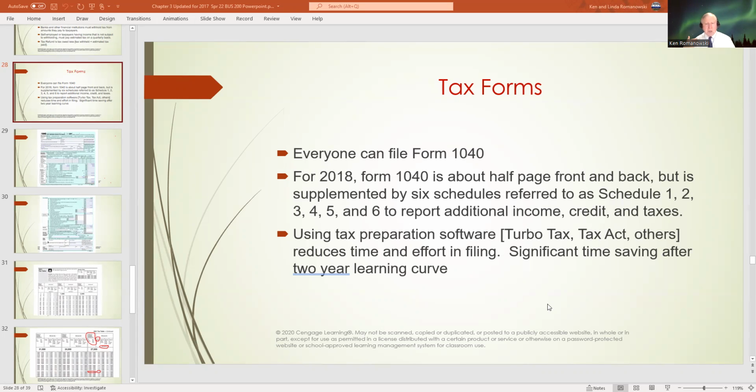Typically with this tax preparation software, they'll ask you questions, and then they'll put the numbers where they belong. And then at the end, you will see what the tax form looks like, the 1040 form. So I personally have used TurboTax for many years, and I expect to continue to use them. They've been helpful. There is a cost for that.